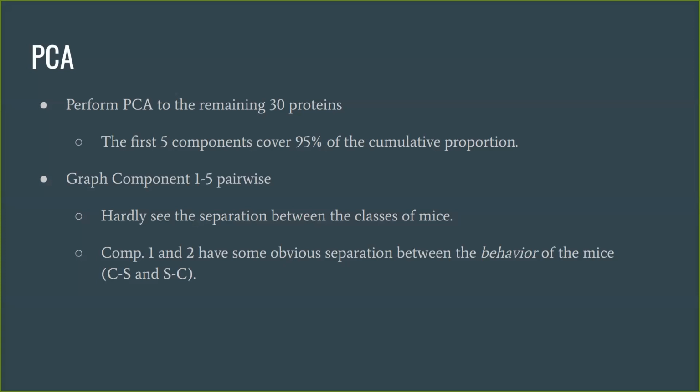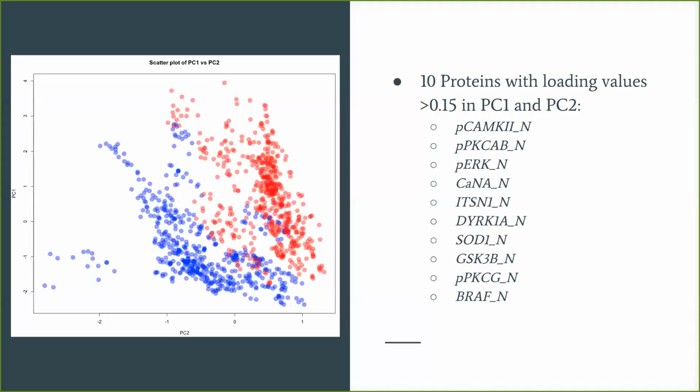So we use other variables that make up the classes of mice, which are treatment, genotype, and behavior. When we try to separate using these variables, we can see the separation between the behavior of the mice on PC1 and PC2. As you can see through the scatter plot of PC1 and PC2, there is a clear separation between those two behaviors.